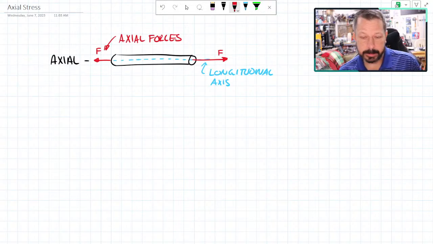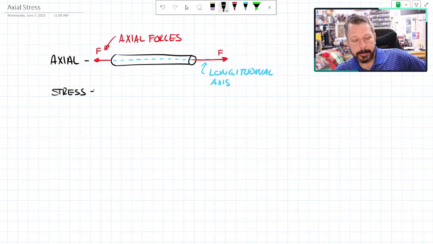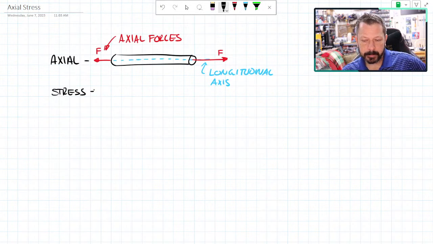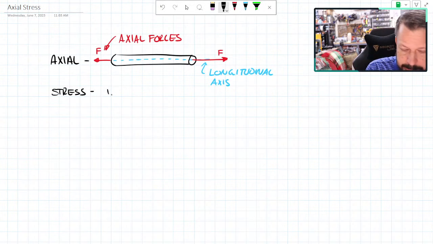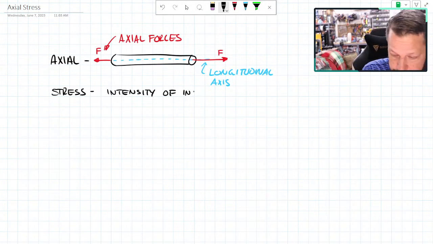So let's talk about stress. So stress, maybe if we look at the units of stress, that'll help us understand what it is. But if we were going to define it, I would call it the intensity of internal, so this word is important, internal forces.